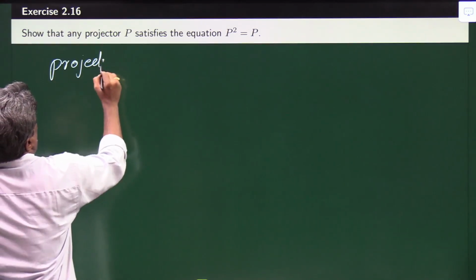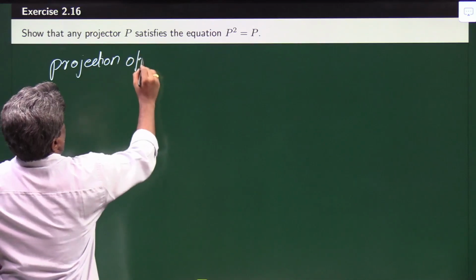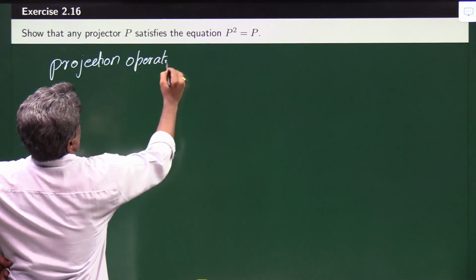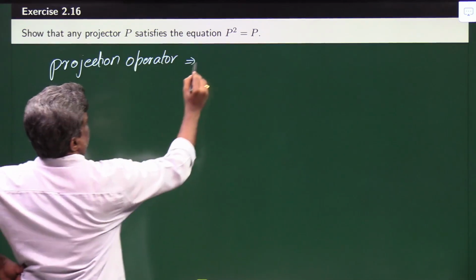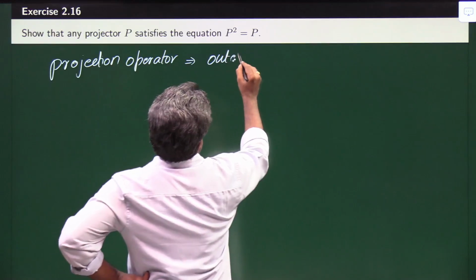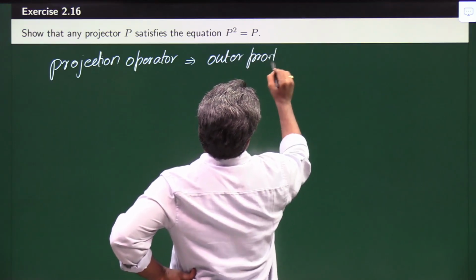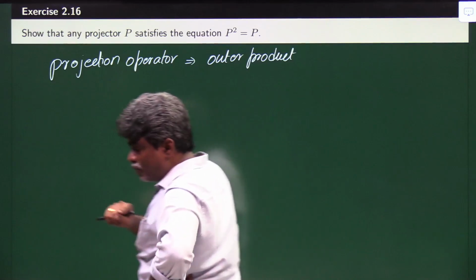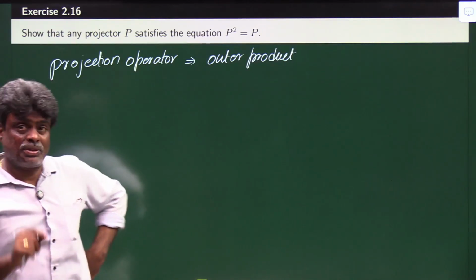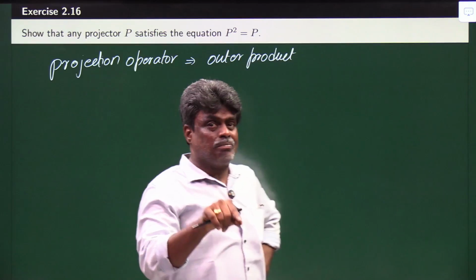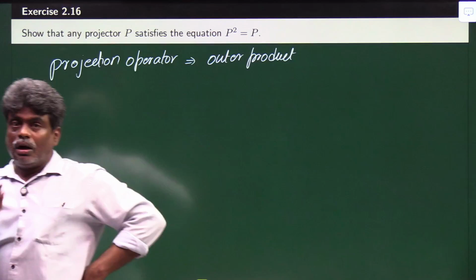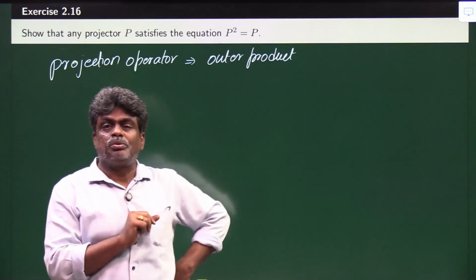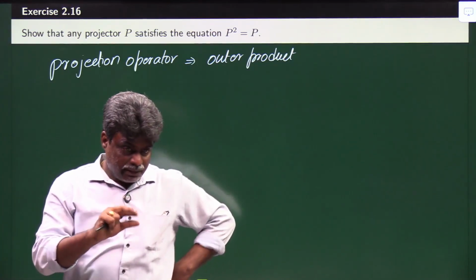A projection operator is nothing but an outer product. Inner product is a scalar which gives the probability amplitude. Inner product will give you probability amplitude, and the outer product of any two state vectors, if you take it, acts like an operator.